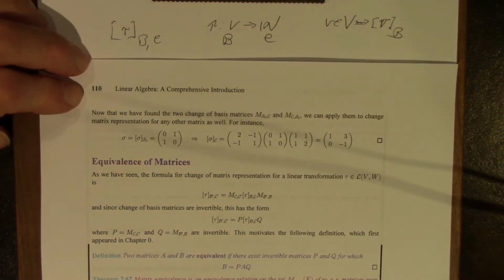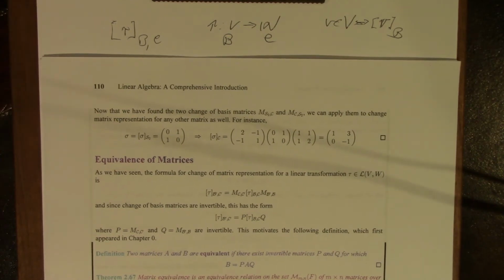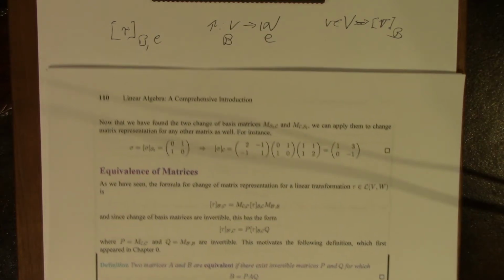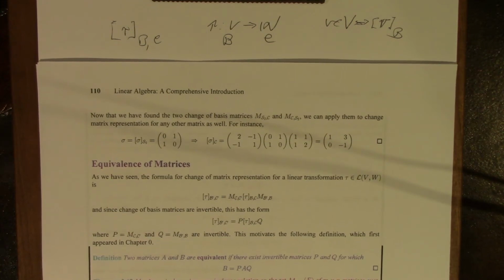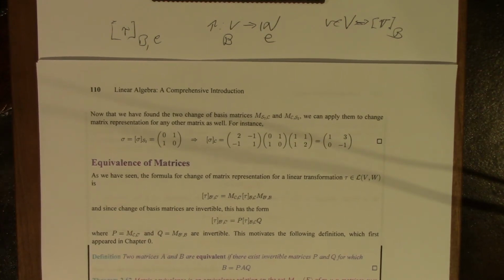So one of the main goals of linear algebra is to find simple looking matrix representations for a linear transformation, so that multiplication by that matrix becomes simple, or at least relatively simple.